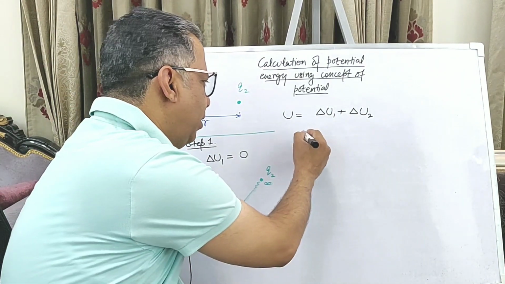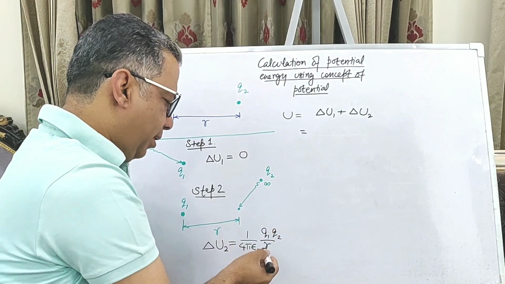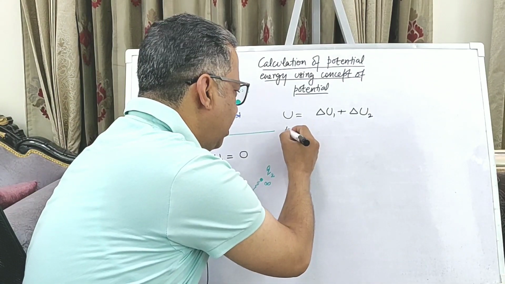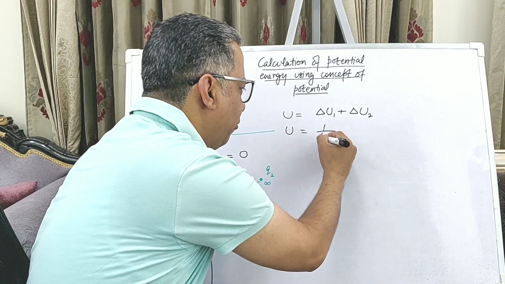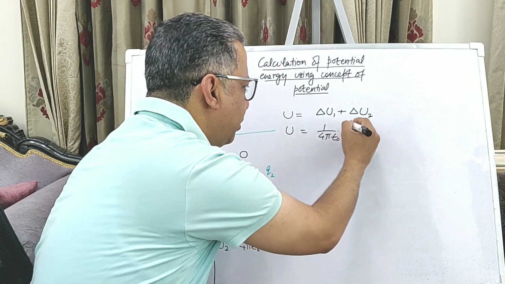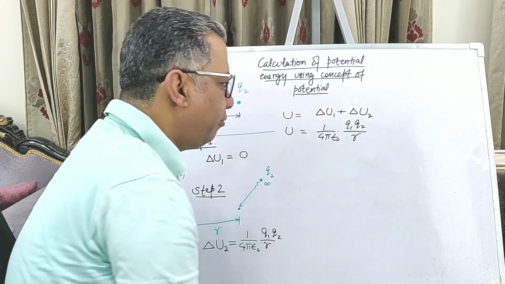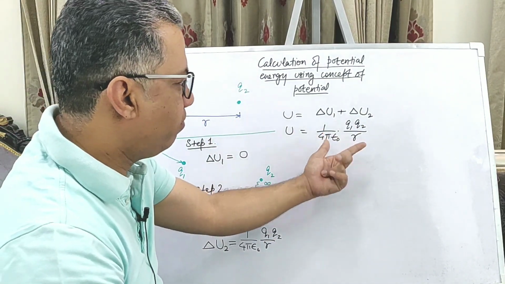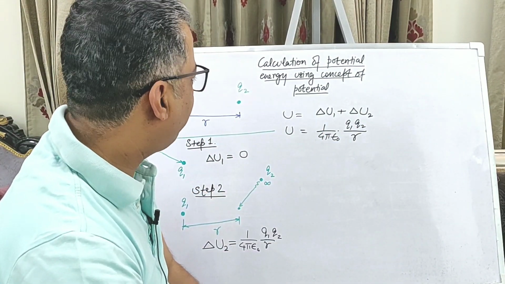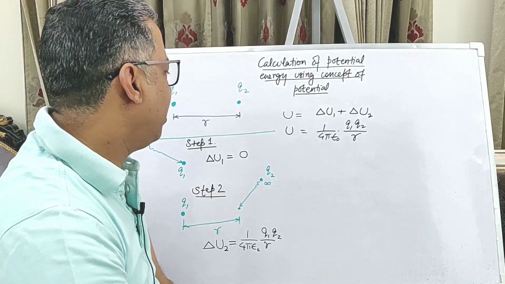So you just add them up. You have 0 and this quantity here. U therefore equals 1 by 4 pi epsilon naught Q1 Q2 by r, which we already know is the correct value of potential energy of this system.